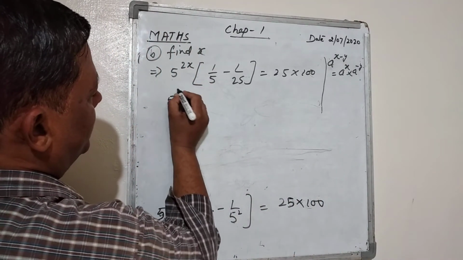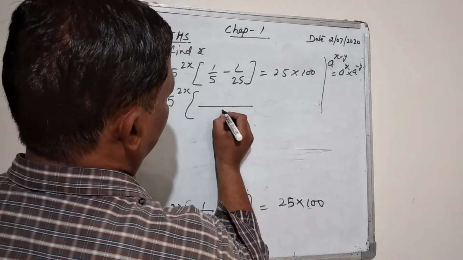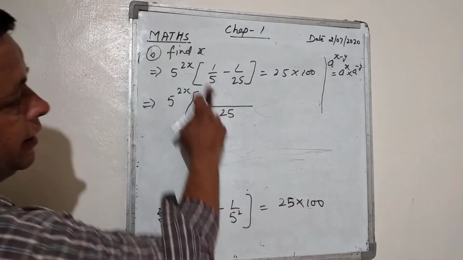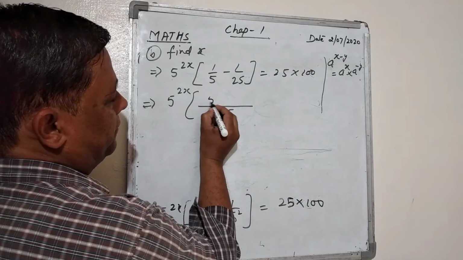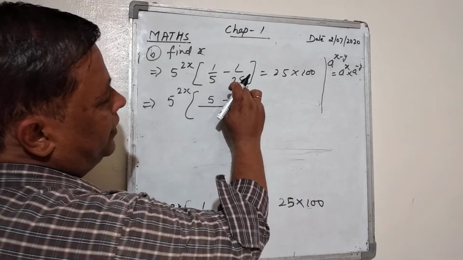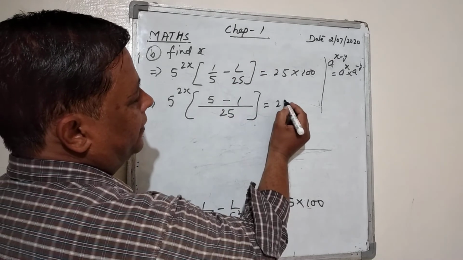Here, for 5 raised to the power 2x, we take the LCM. LCM will be 25. 25 divided by 5 becomes 5, 5 multiplied by 1 is 5. Now 25 divided by 25 is 1, 1 into 1 is 1. Then 25 into 100.